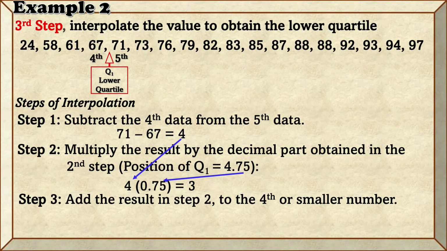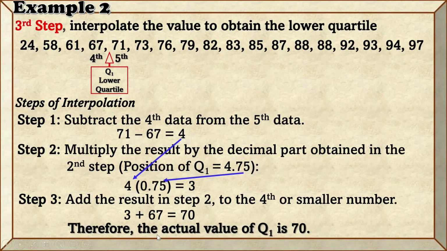Add the result in step 2 to the 4th or smaller number. Since the result here is 3, then we are going to add to the 4th data, which is 67. So we have 3 plus 67 is 70. Therefore, the actual value of first quartile is 70. So kung mapapansin nyo dito sa given data, ang between ng 67 and 71 ay nandito yung 70. Okay, so that is the actual value of first quartile.